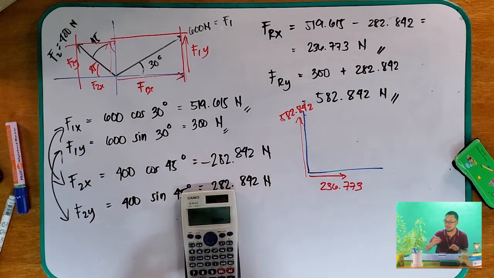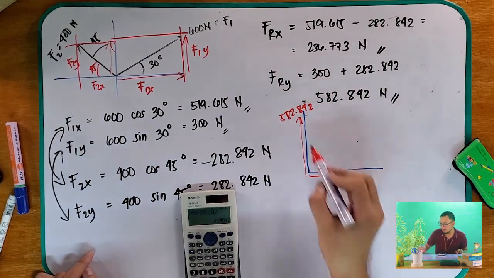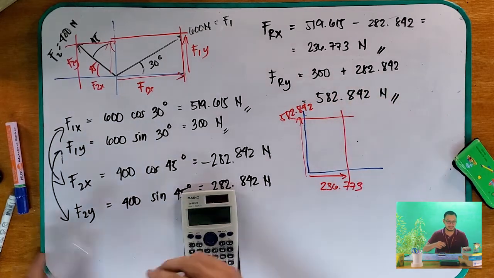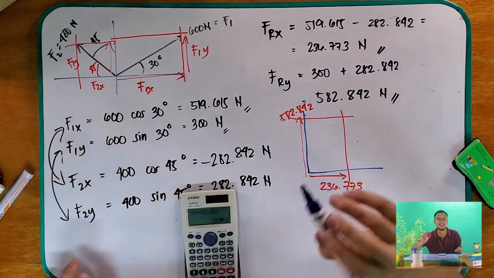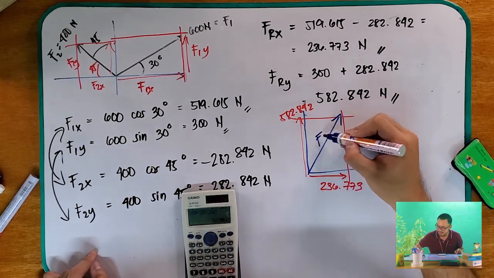And as you can remember, to get the resultant force, we add the two components by using the parallelogram rule, the parallelogram method, and you will get this Fr.